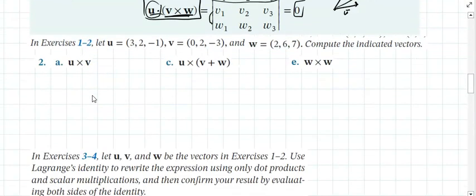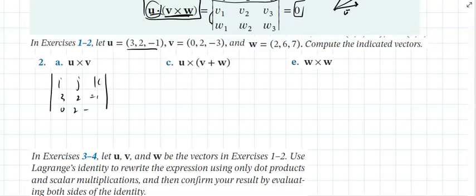Okay, well, here are three vectors. They want us to find u cross v, so this is how we're going to do it. i, j, k, u first, that is 3, 2, negative 1, and v after, 0, 2, negative 3. It's going to always be plus minus plus. We're going to always pick row 1, so the i component of the cross product would be cross its row and column.